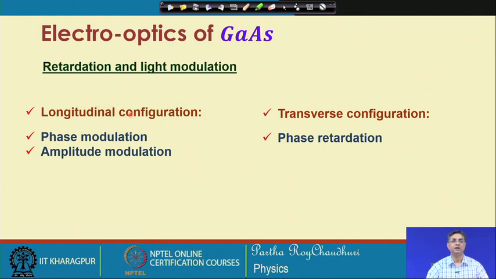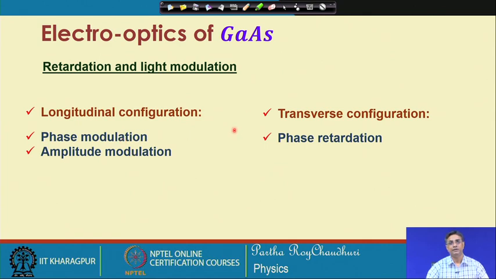Then that longitudinal configuration can be designed as a phase modulator as well as an amplitude modulator, and we will see through examples how the light can be modulated.